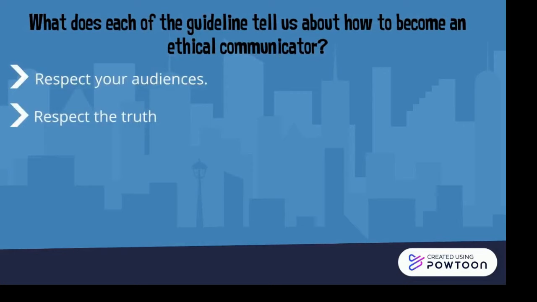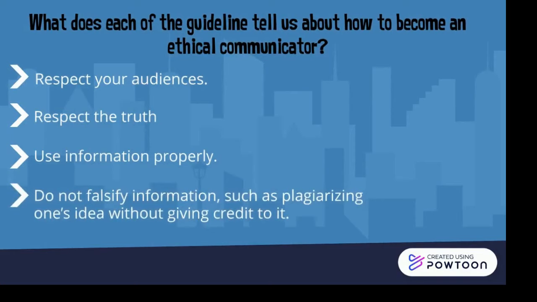Still, if we cannot trust them, communication becomes ineffective. Using pieces of information properly also plays a significant role in becoming an ethical communicator, wherein giving insight or opinions to a topic should be factual and have relevant reports. Lastly, an ethical communicator does not falsify information, such as plagiarizing one's idea without giving credit to it.